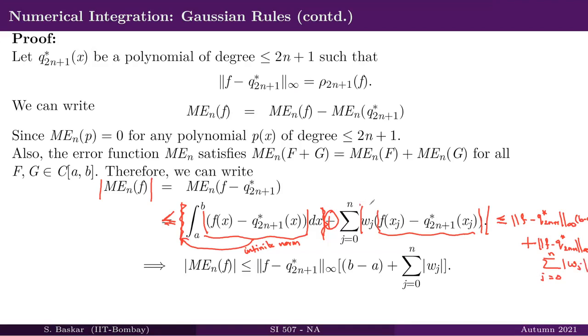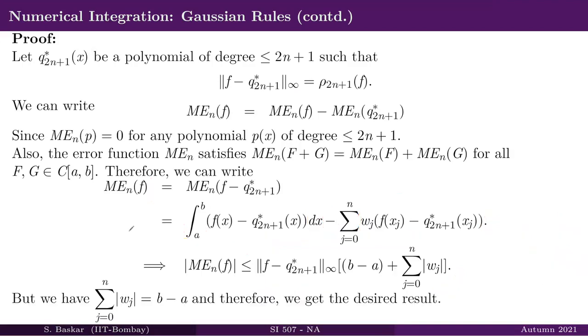That is, this term remains, and this term comes out with the infinity norm. When you dominate this term by the infinity norm, it comes out of the summation. And that is what I am writing as the right-hand side here.